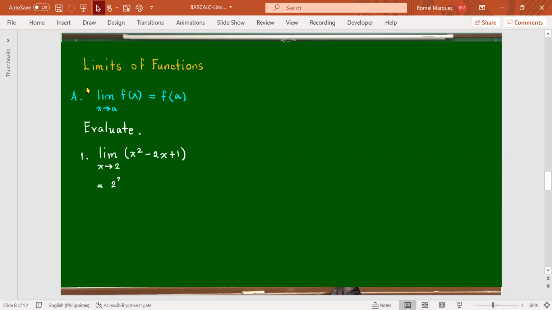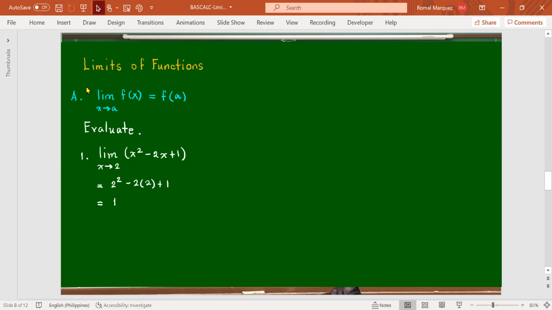So we have 2 squared minus 2 times 2 plus 1. By the way, if there are still variables, you cannot remove the limit operator. The limit is like an operator that tells you to do something. If you simplify this, it is equal to 1.